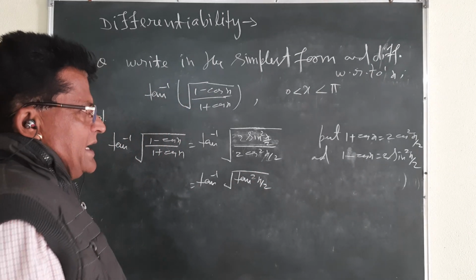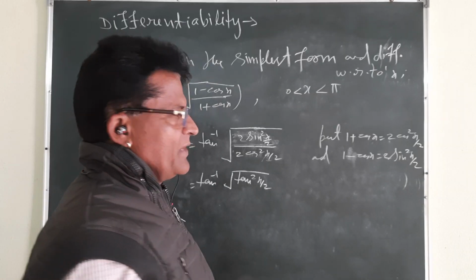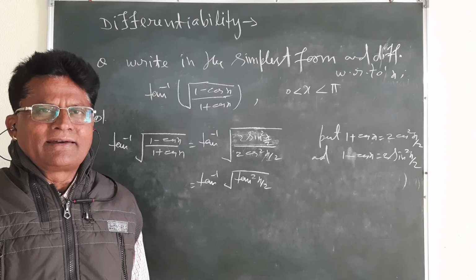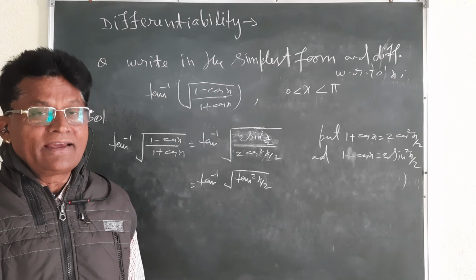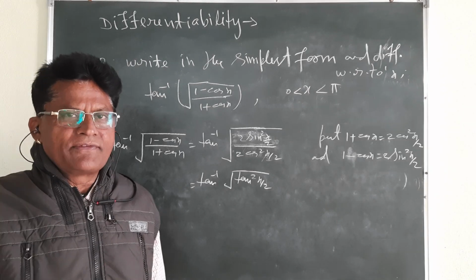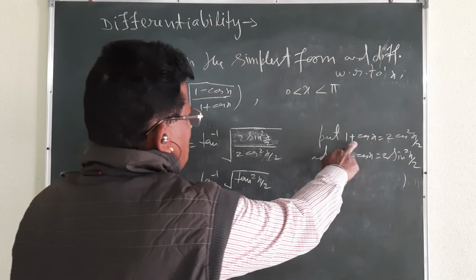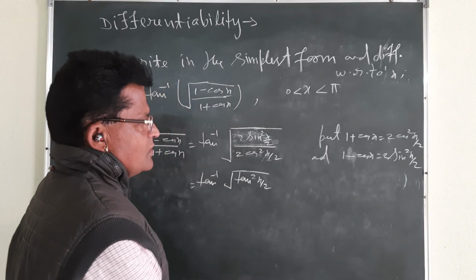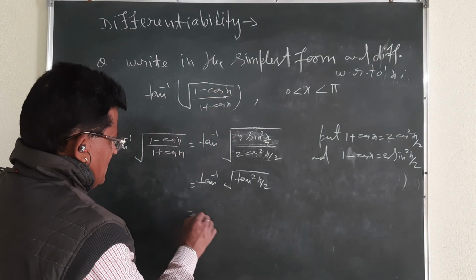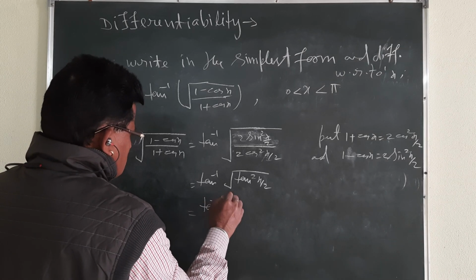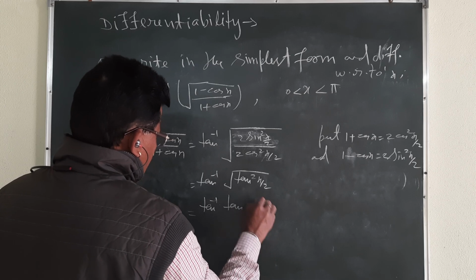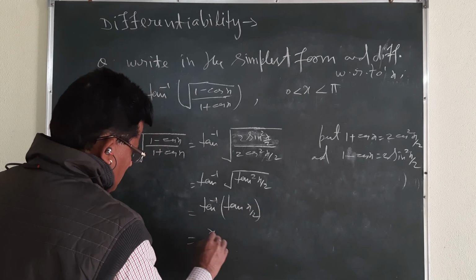You must keep this in mind, because there will be the problem of the negative sign or positive sign, and then the calculation will be diverted in different ways. That is why 1 plus cos x will be equal to 2 cos square x by 2 and 1 minus cos x will be equal to 2 sin square x by 2. And it will be tan inverse tan x by 2, and as I told you, it will be x by 2.